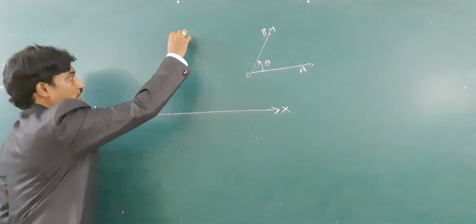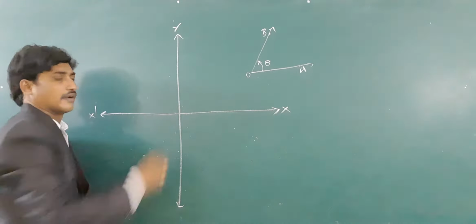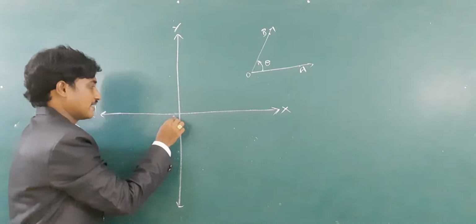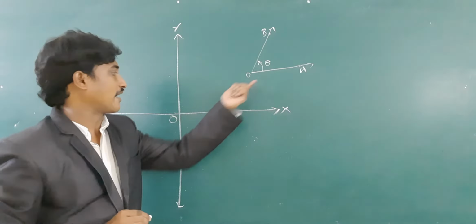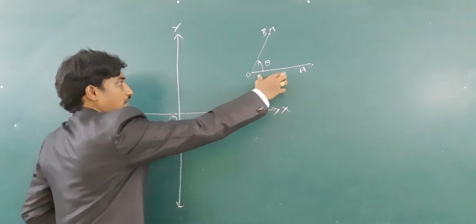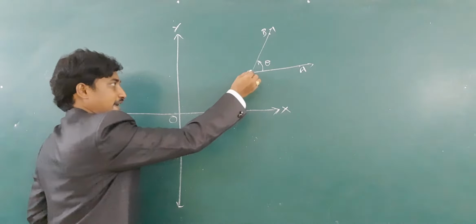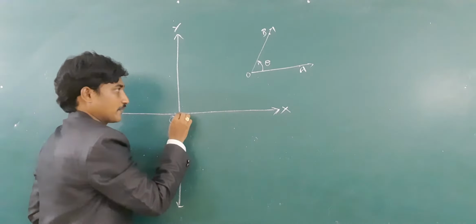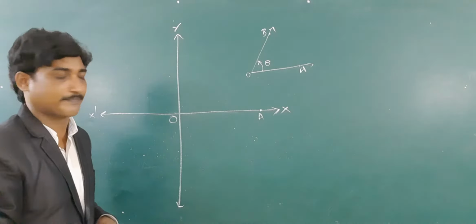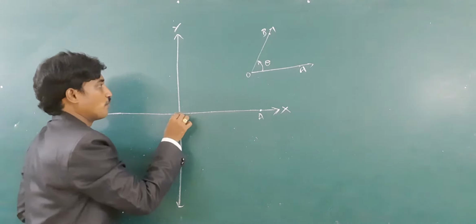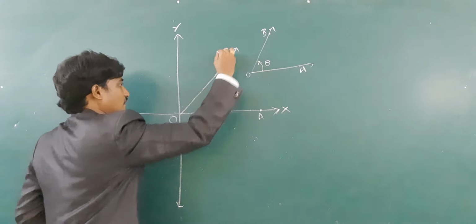Vertical reference line is called y-axis. Intersecting point of x-axis and y-axis is origin O. If we take initial side along x-axis, vertex as origin, that means OA is along positive x-axis, and position of OB is here with angle theta.